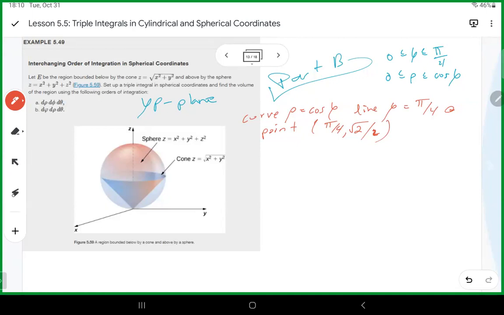So to change the order of integration, we're going to need 2 pieces, right?